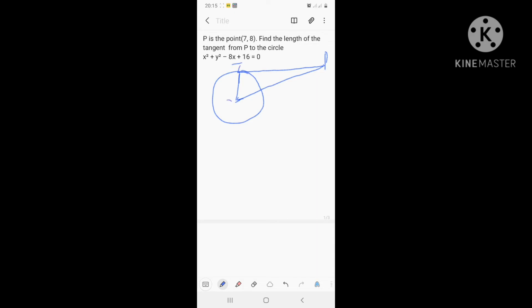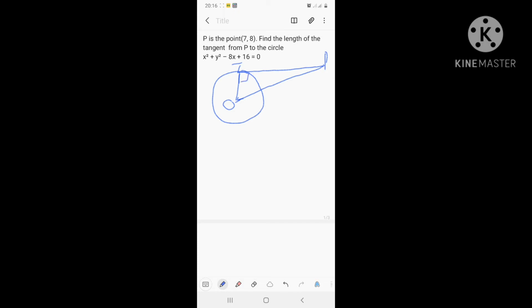Here, usually what we do is use the circle theorem to conclude that this is 90 degrees.